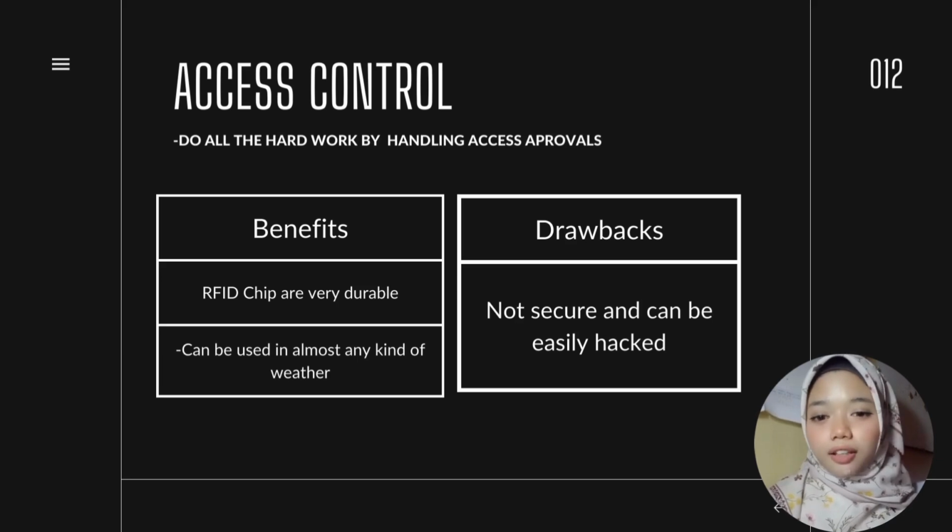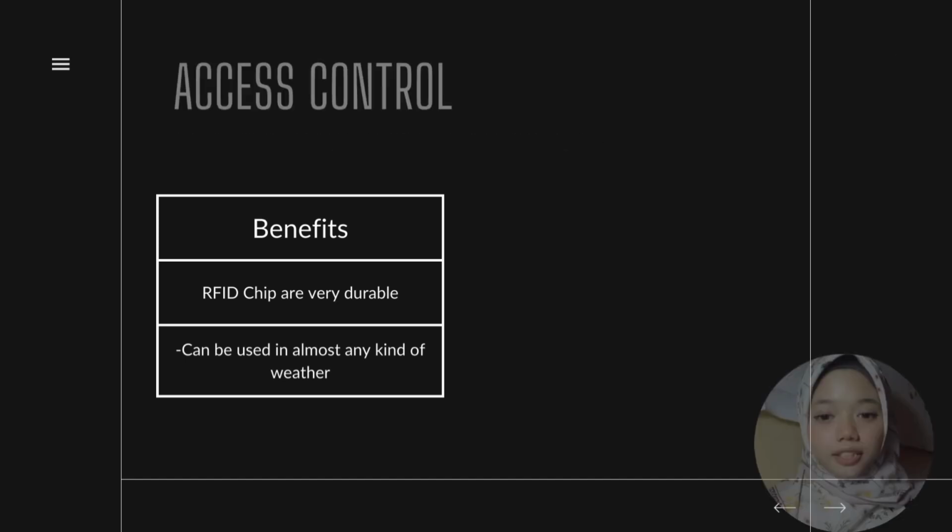And also, what are the drawbacks of using RFID? The benefits are that RFID chips are very durable products, which means less time and money spent. They can also be used in almost any kind of weather. The drawback is the same as inventory management, which is that it can be hacked easily, making it less secure.